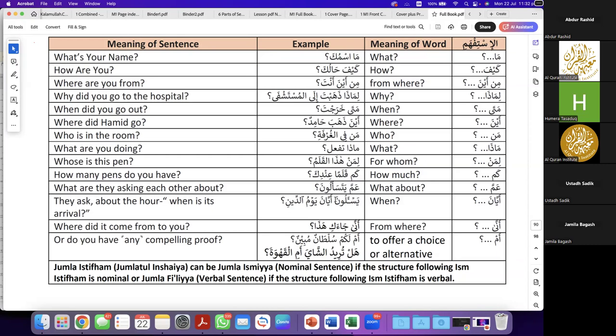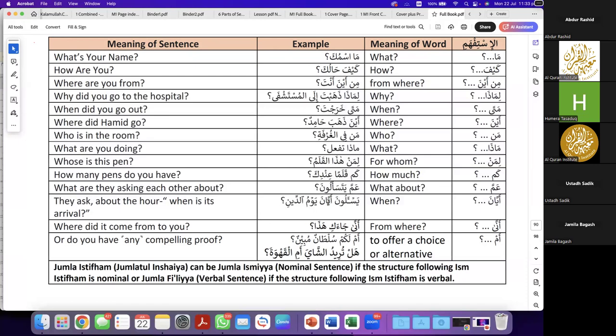So you have to assume this is completely independent, a fresh start. They will ask, and then a separate sentence starts with ismul istifham, making it a jumlatul istifham from here to here.